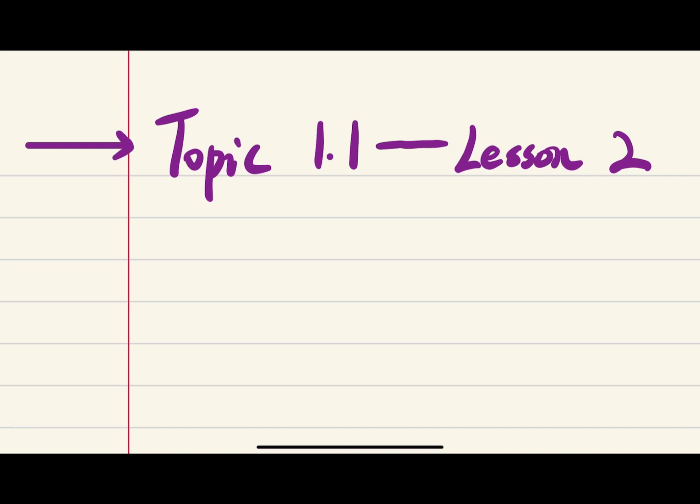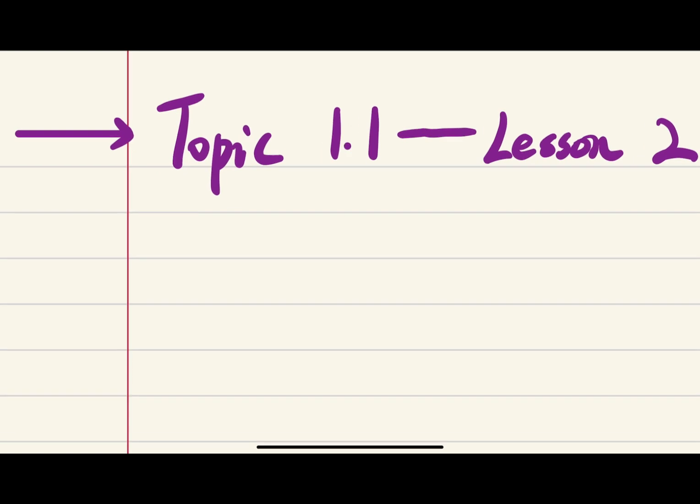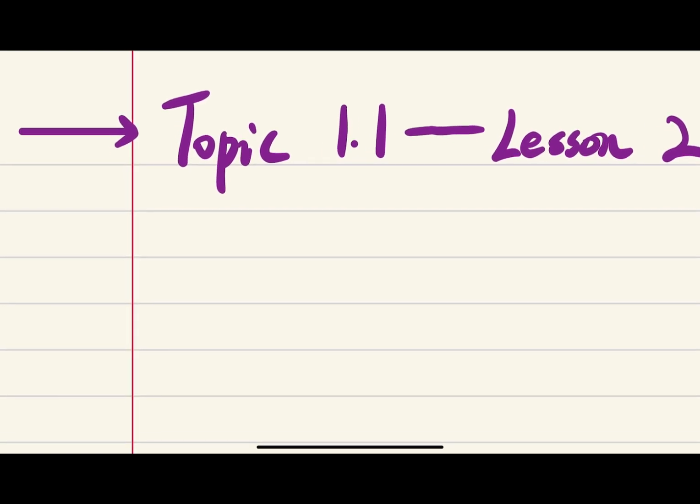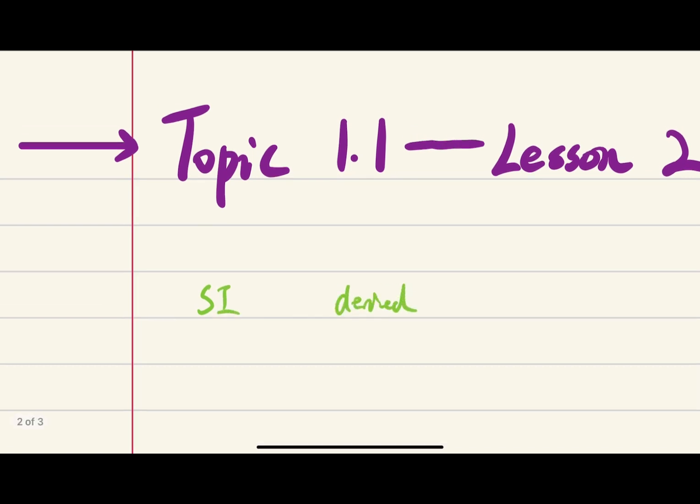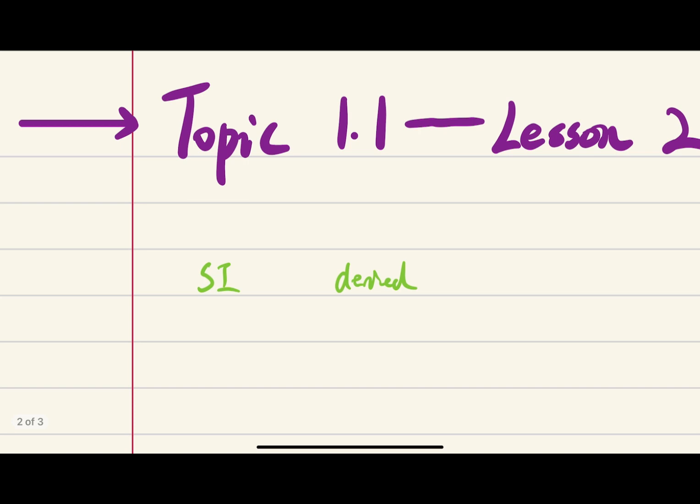Before we start, a brief recap of what we did in lesson 1. Previously in physics, we talked about the SI unit and the derived unit. The SI units are the most fundamental and basic units that you will ever encounter, and the derived units are derived from our SI units.